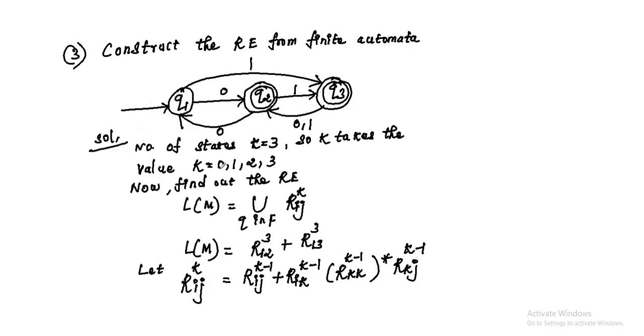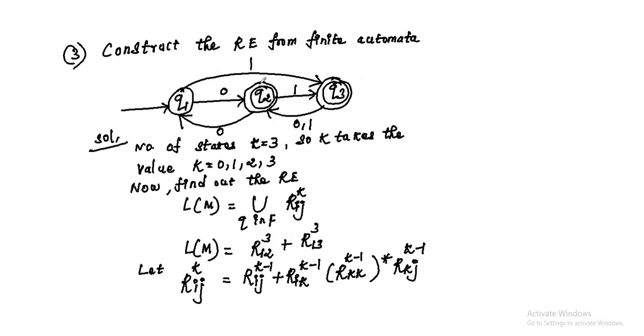We need to form the L of M equation. Here the starting state is q1 and the final states are q2, q3. So take the combinations R12 and R13. R12 with k value 3, R12 raised to the power 3, plus the next starting state and final state.